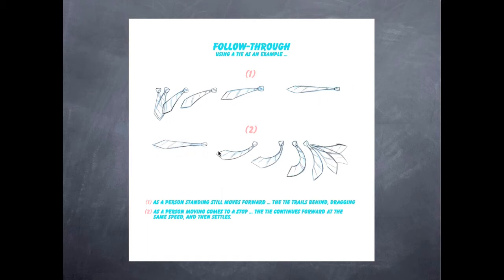And then in the second half of the motion, once you stop dragging this tie, you'll have an overlap where the bottom of the tie will drag behind and then overlap and flop forward and then eventually settle down to its default position here.